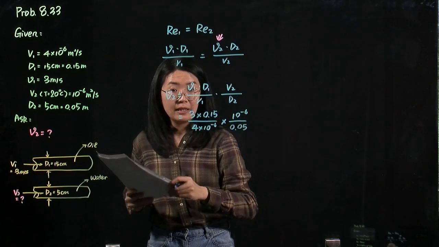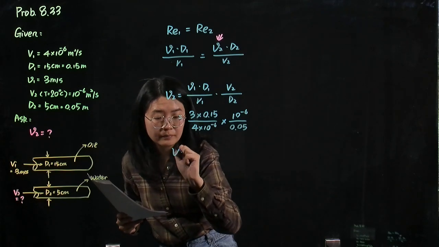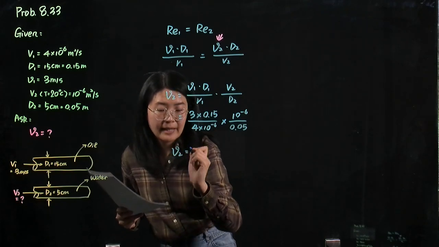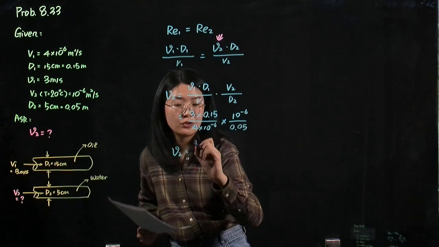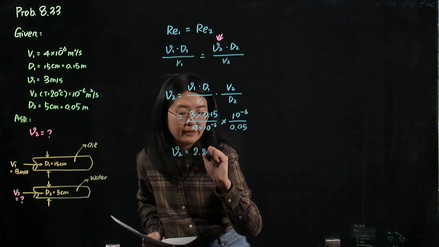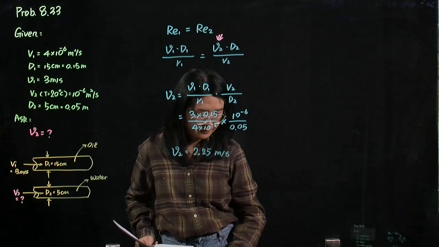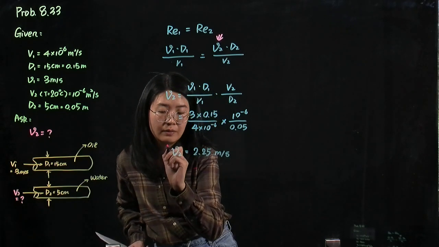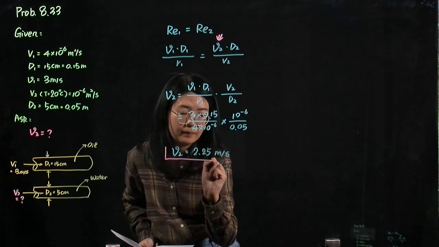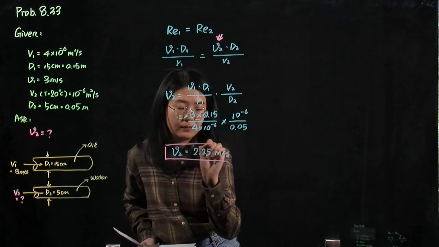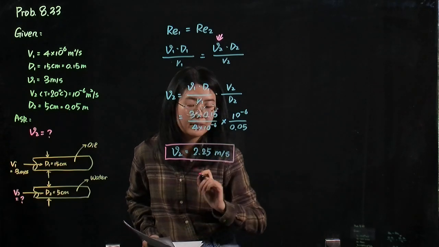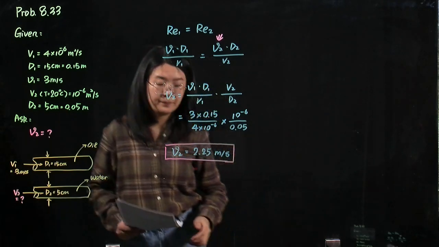So in the end, we get V2 equals 2.25 meters per second. This is the result for the first problem.